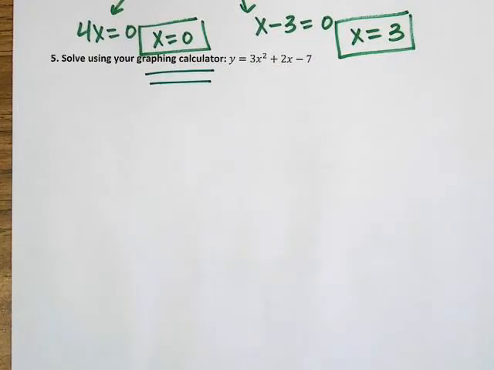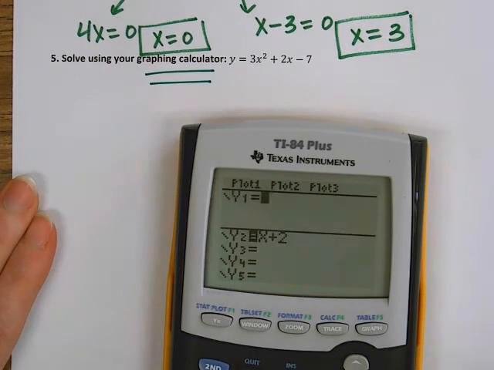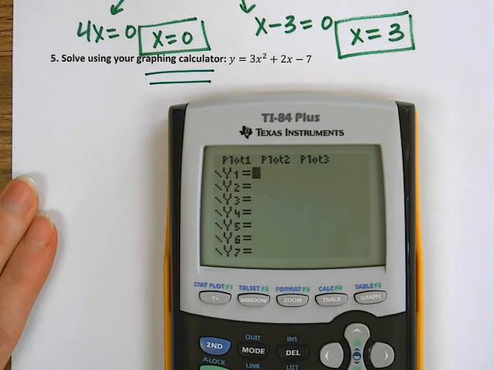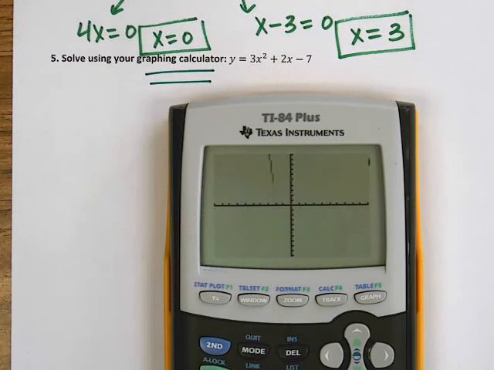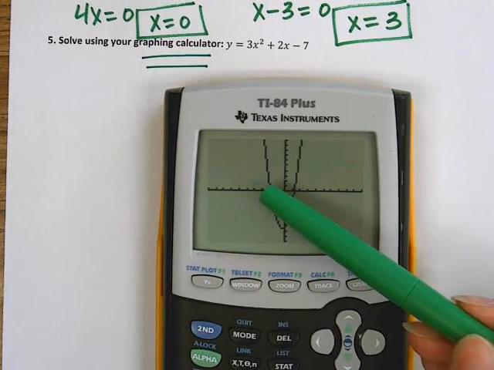And then solving on your graphing calculator, we're just going to type it into y equals and find the zeros. So 3x squared plus 2x minus 7, hit graph. And it looks like we have 2 zeros here. 1, 2.